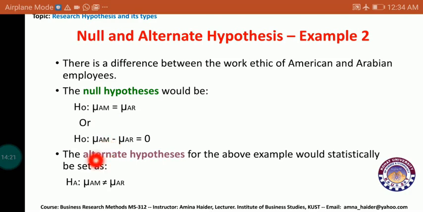The statement below indicates an alternative hypothesis, which says that there is a difference among the work ethics of American and Arabian employees.